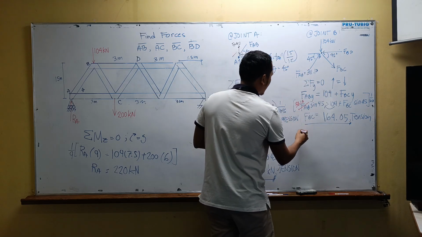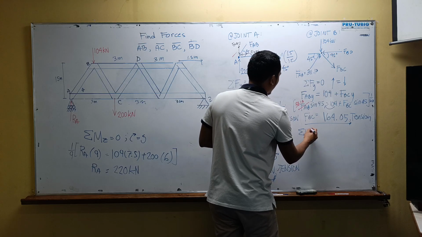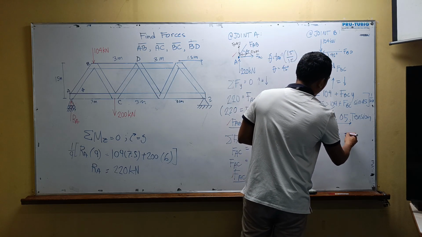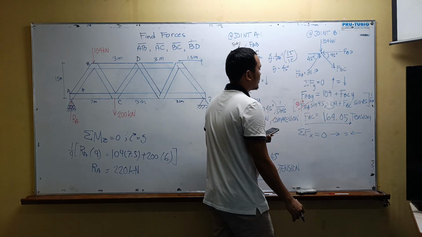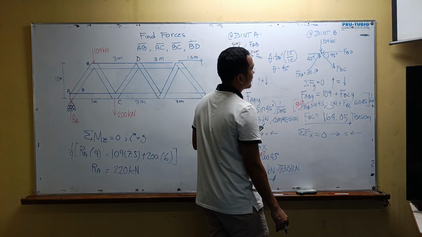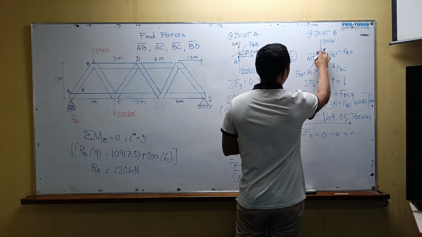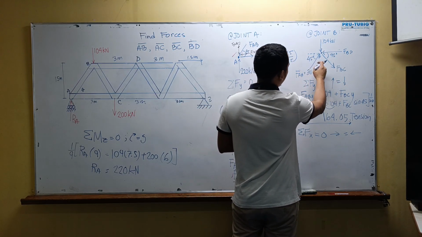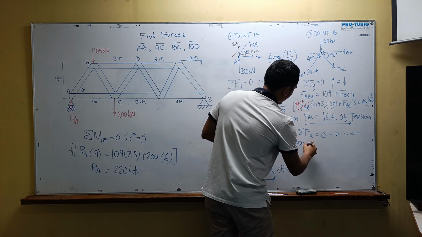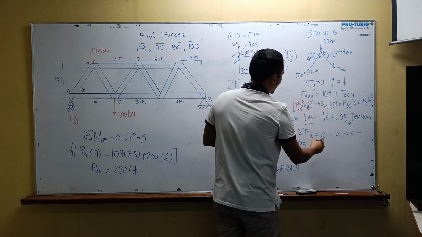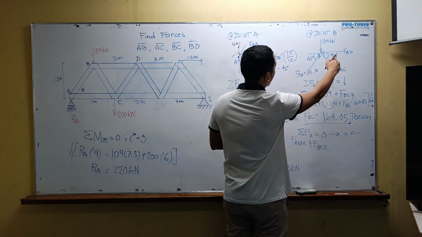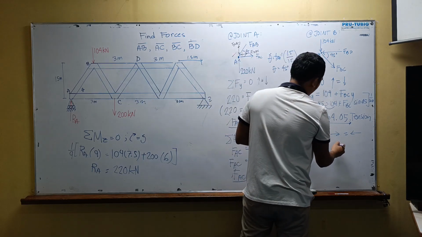Now, summation Fx equal to 0. So the forces that are going horizontal are this one, the component FABX to the right, and then also FBCX, and then the force going to the left is just FBD.